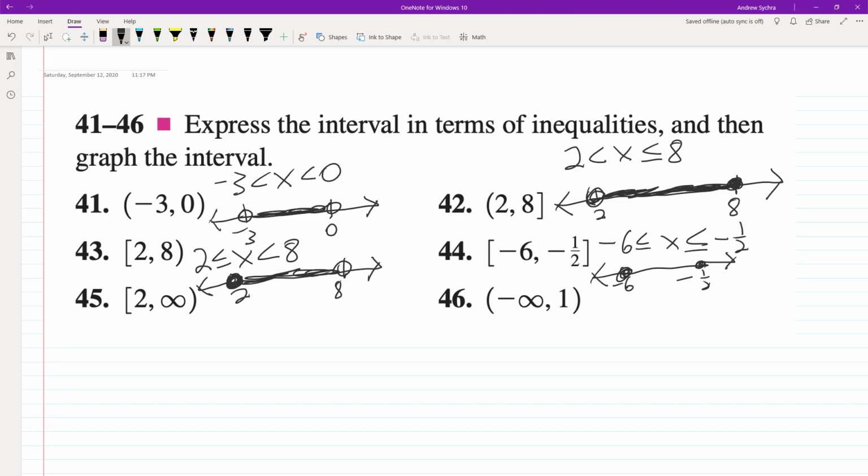And I'm just drawing this really quickly here. I mean, you can scale this however you want. All right, so then we have 2 included. Jumped ahead of myself again. And it goes all the way into infinity.